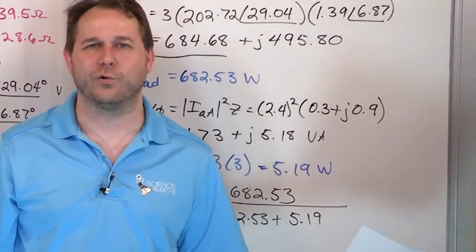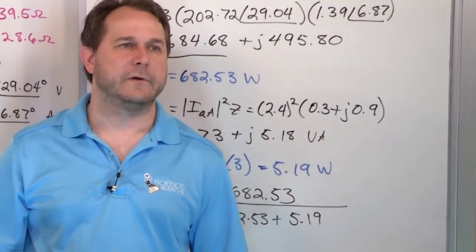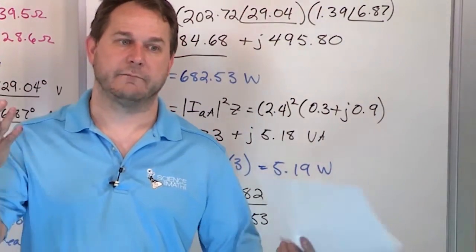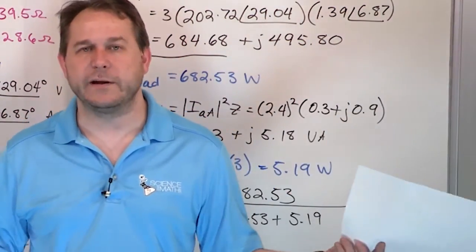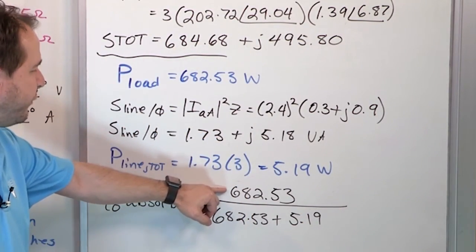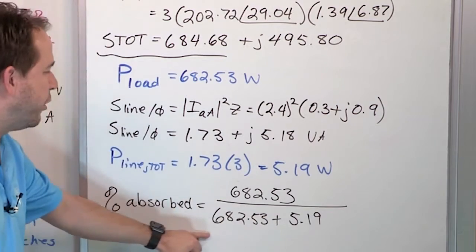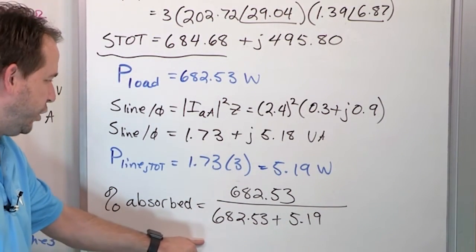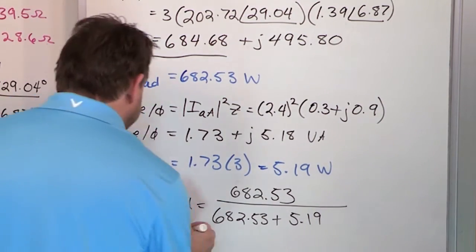It's a fraction, part over whole, right? Just like any fraction. You know, 9/10 of a pizza means 9 slices out of 10. That's what it means, part over whole, right? So this is the part of the power that reaches the load divided by all of the power that's lost in the line and the load.